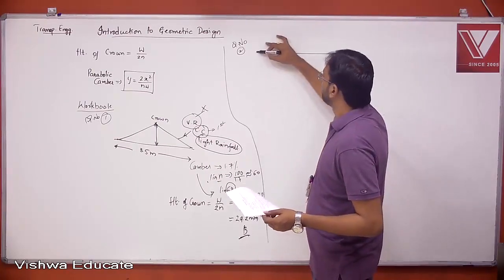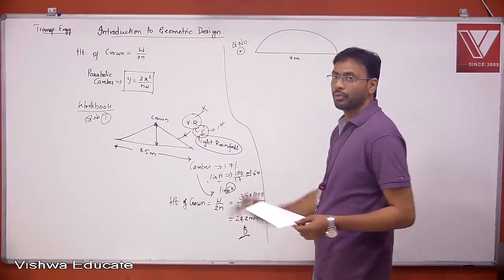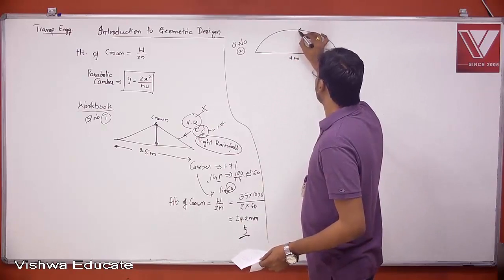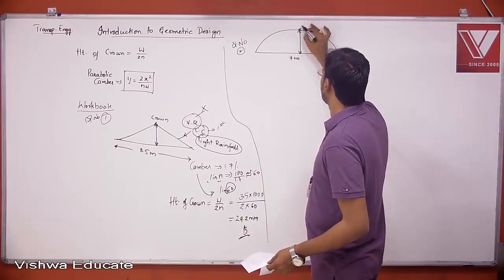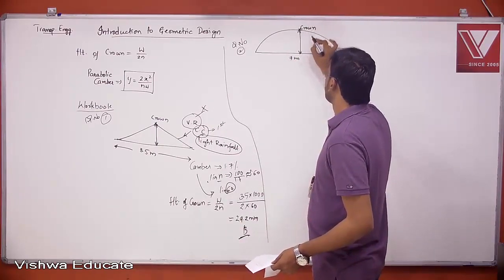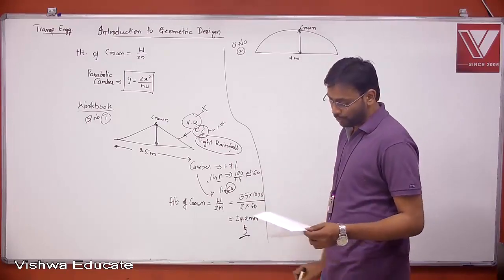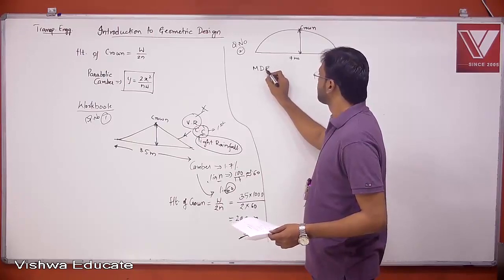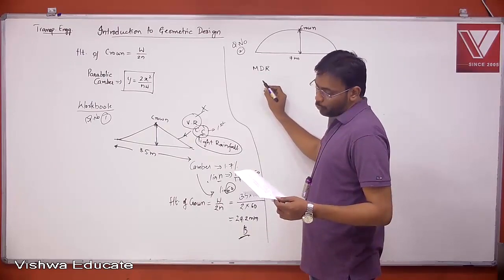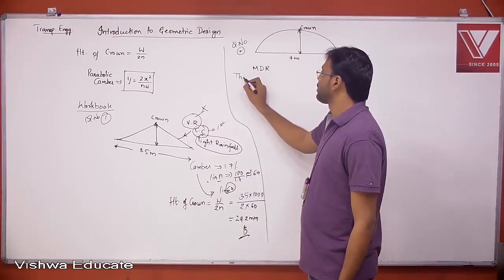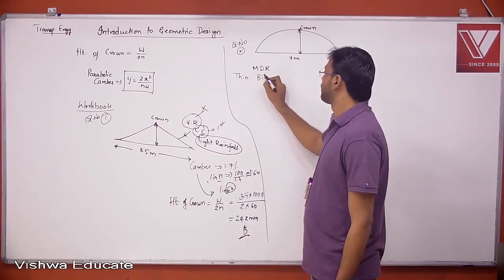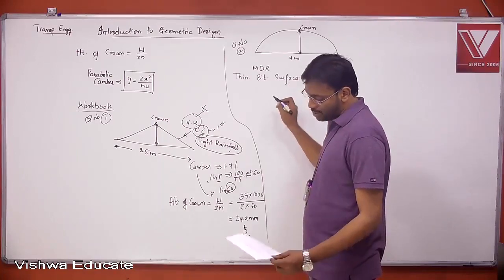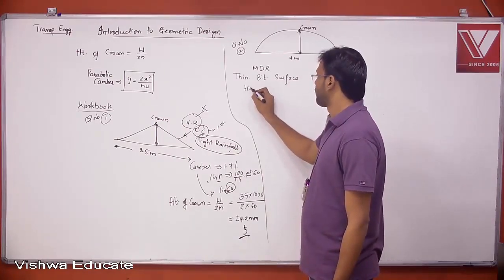I'm drawing the shape of a parabola, and I need to calculate the height of crown here. So this is my crown. I need to calculate the height of crown for an MDR road, major district road, with thin bituminous surface and heavy rainfall region.